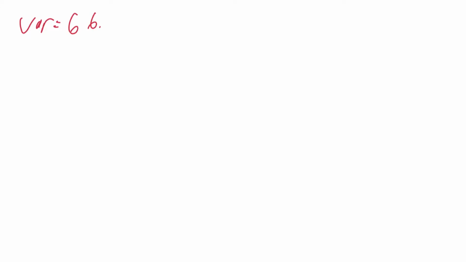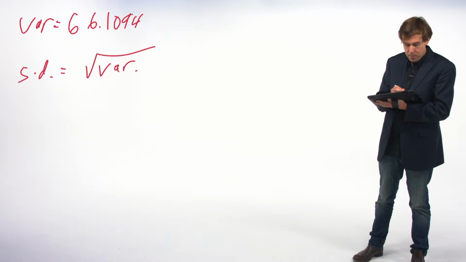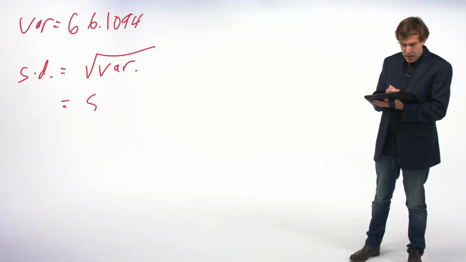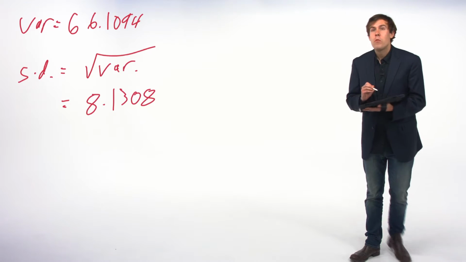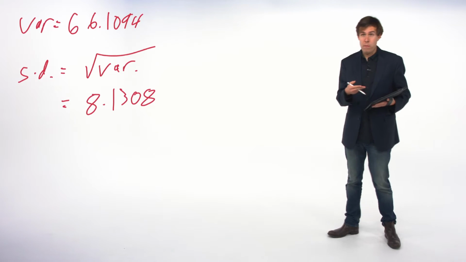Ultimately, after throwing this into your calculator, you'll get 66.1094. Now, to get the standard deviation, this is not too much more work. I just take the square root of the variance, which in this case is 8.1308.